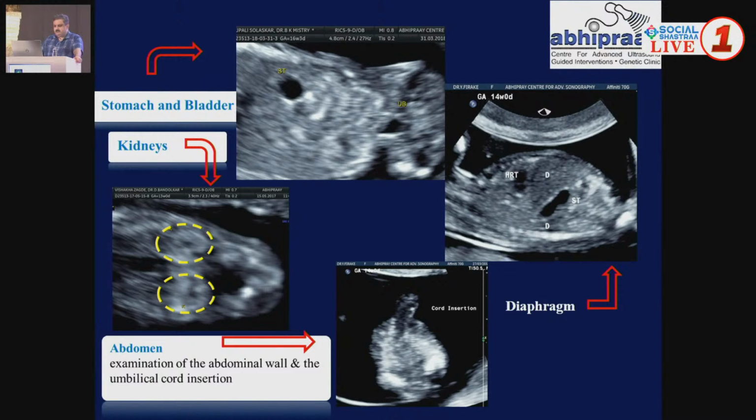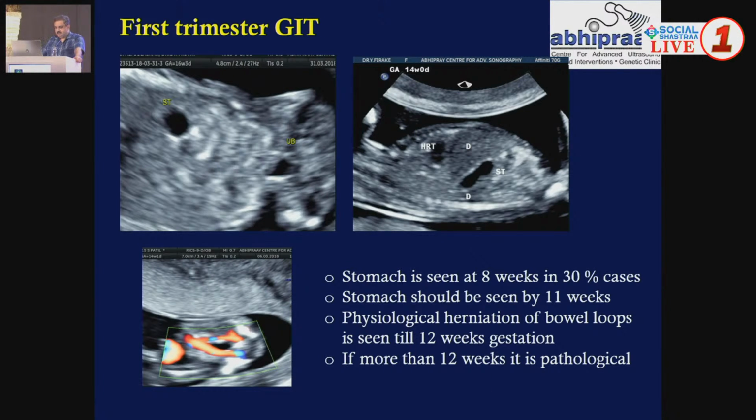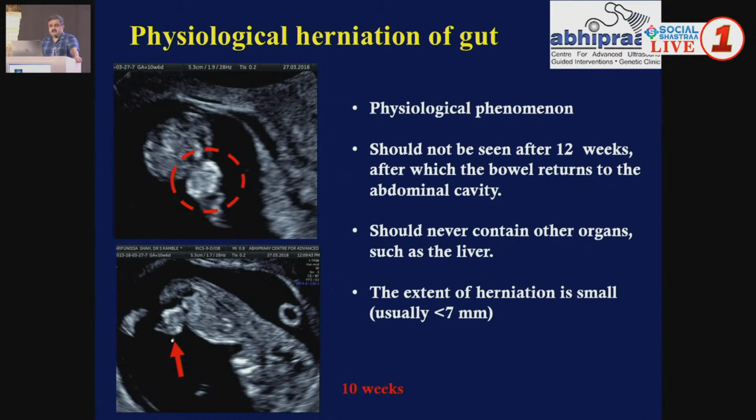You look at the abdominal wall and you look at the cord insertion. So the stomach is almost seen in every fetus by 11 weeks, but you've got to understand that the physiological herniation of small bowel loops happens through the umbilicus, which is seen till 12 weeks. If it is seen beyond 12 weeks, we do consider it pathological, especially if it doesn't contain small bowel.